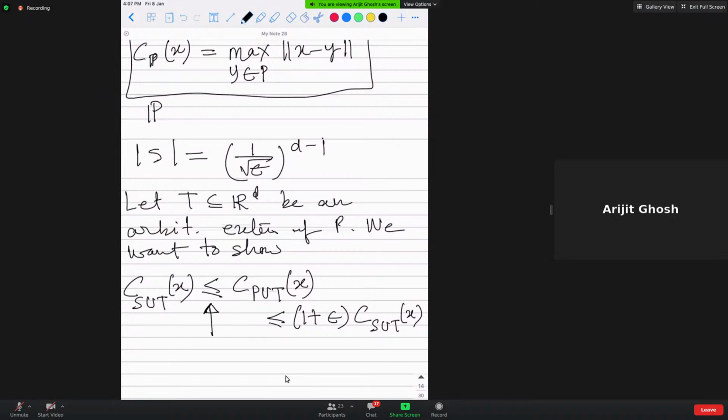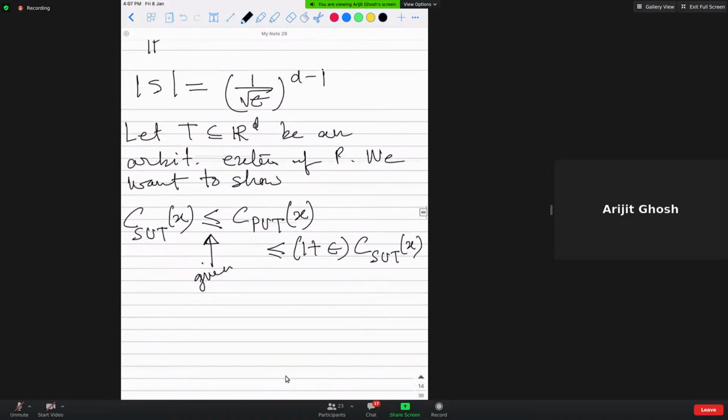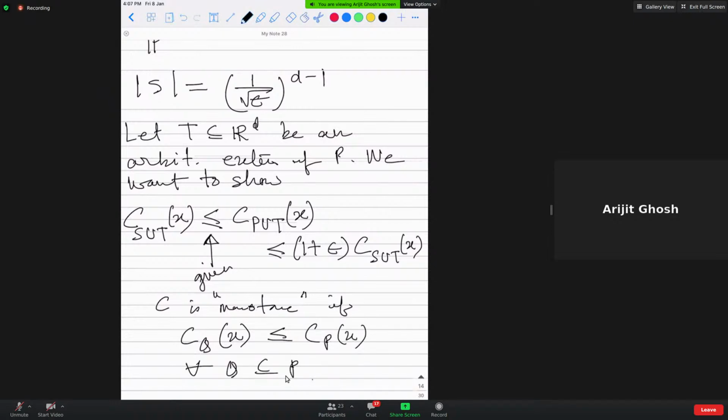The second inequality we don't have to prove. It is already given because the function C is a monotone function. What do I mean by monotone? C is monotone if C_Q(x) is less than or equal to C_P(x) for all Q subset of P, which is the case here.